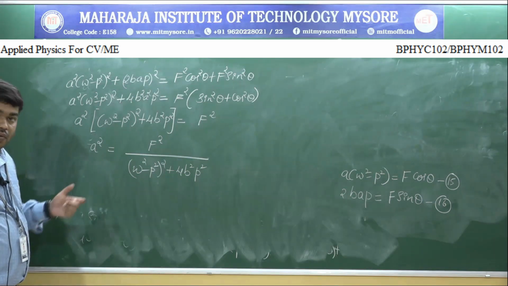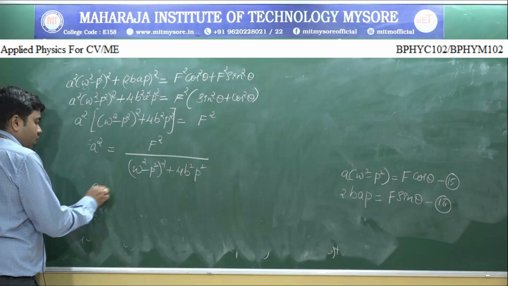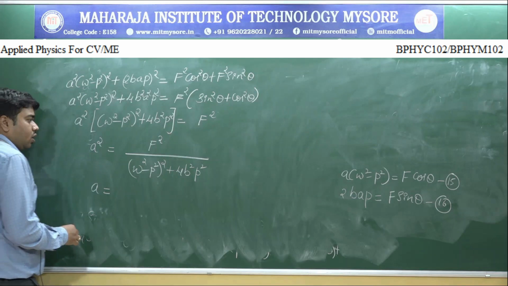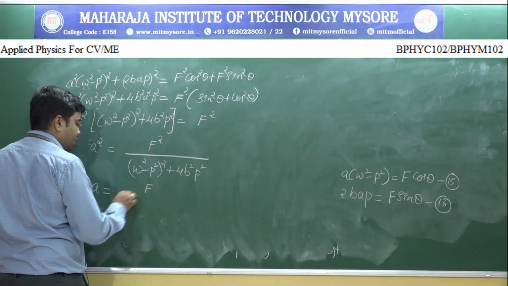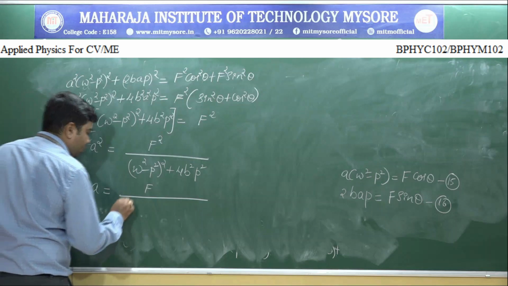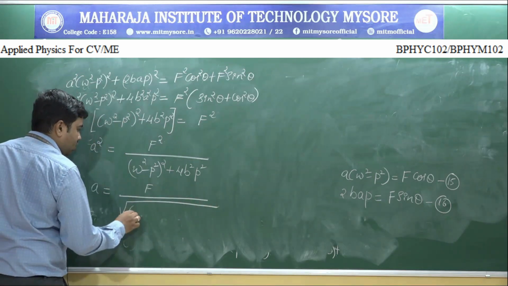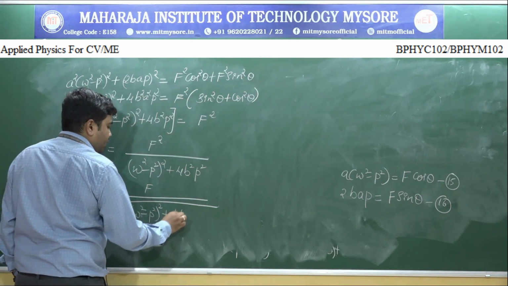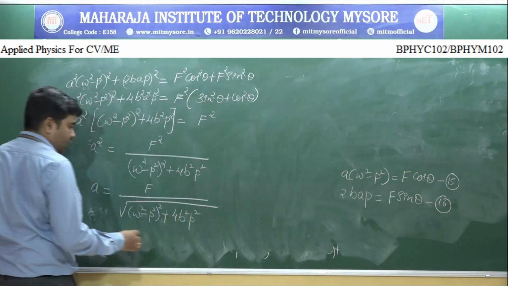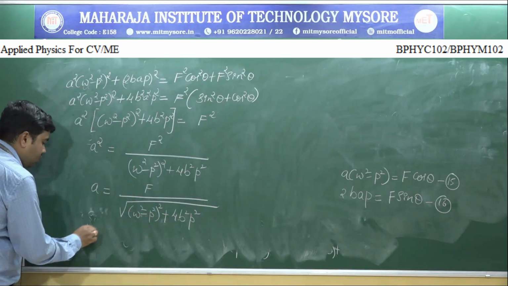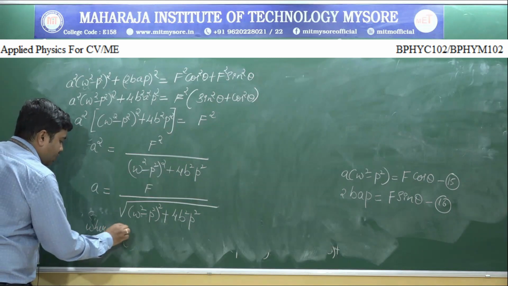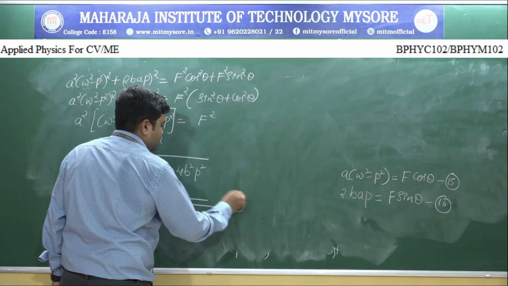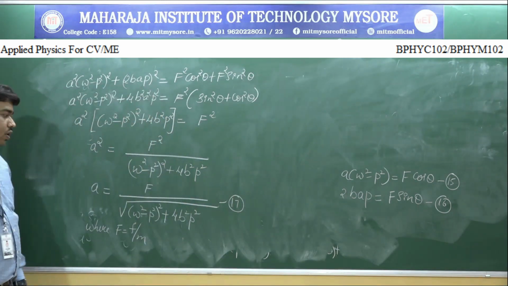But we don't want A², we want the amplitude, which is A. So A is equal to, if we take the square root to the right hand side, F divided by the square root of (ω² − p²)² + 4b²p², where F is equal to f by m. We call it equation 17.